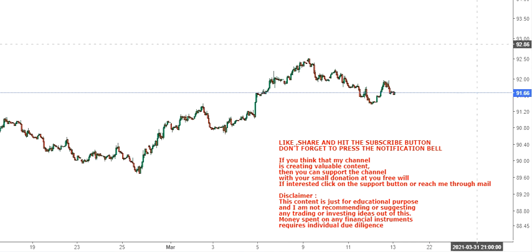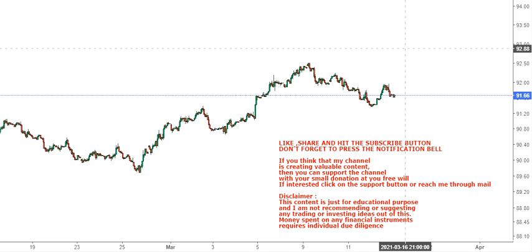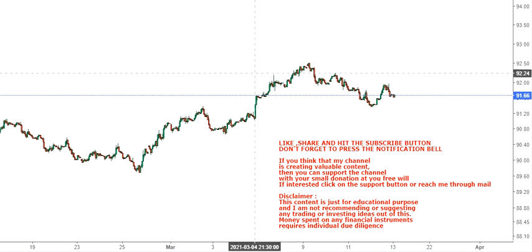This kind of thing will definitely put pressure on the currency of any country. It doesn't matter whether you are a dominating country or a developing country. These things put pressure on the currency sooner or later.